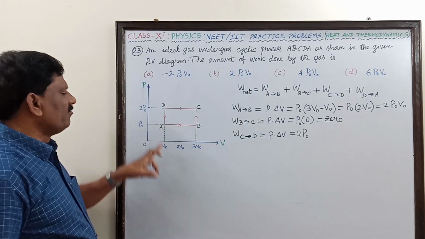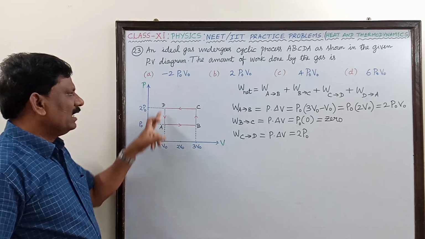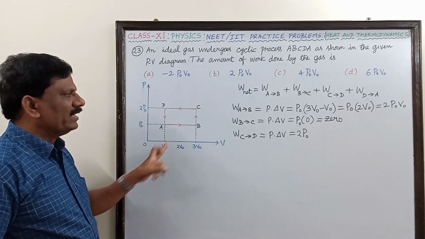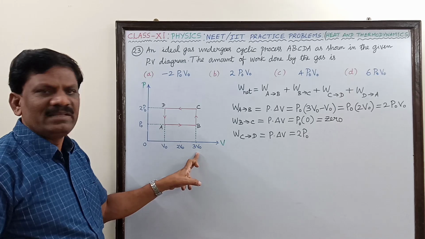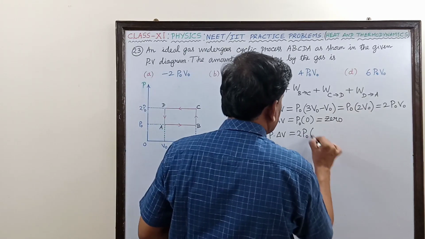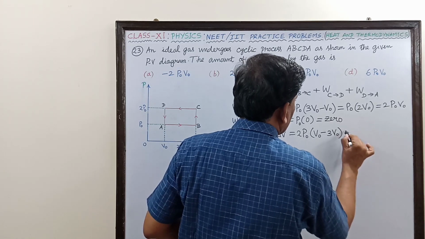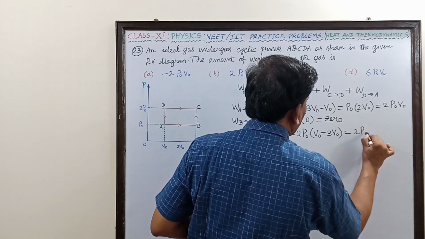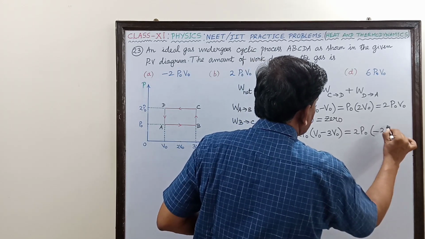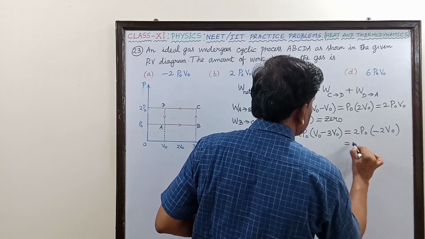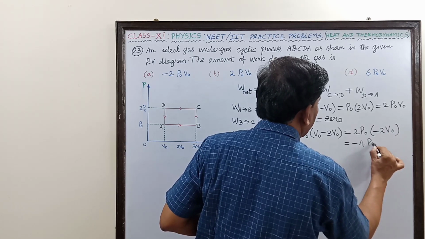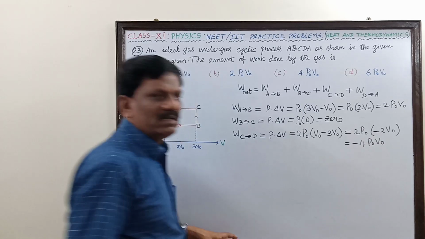The final volume at D is V0, and the initial volume at C is 3V0. So this is V0 minus 3V0, which is equal to 2 into P0 into minus 2 into V0, so this is equal to minus 4 P0 V0.